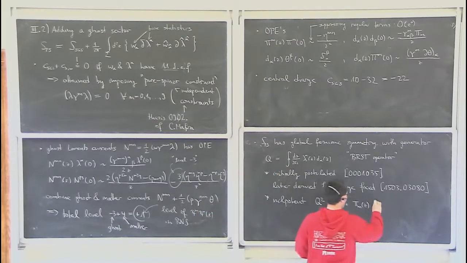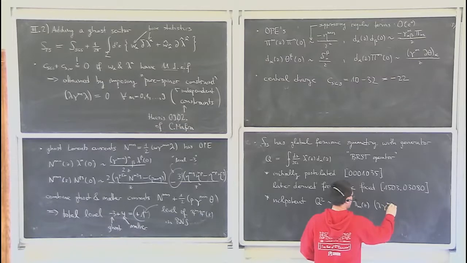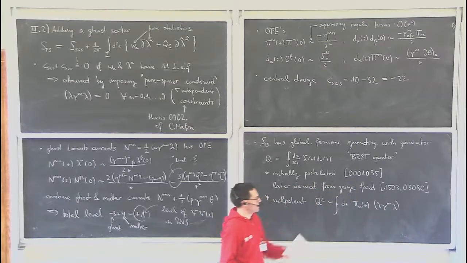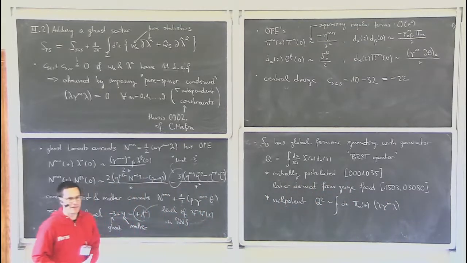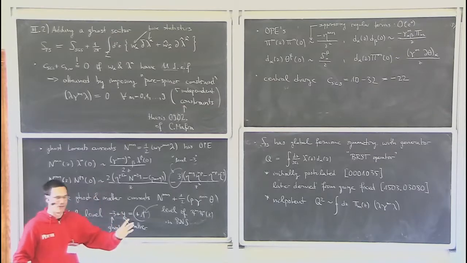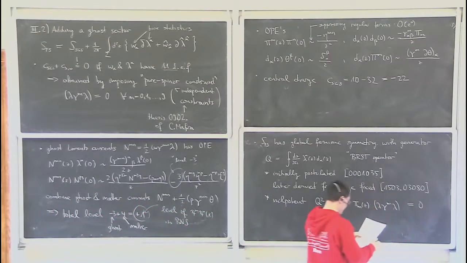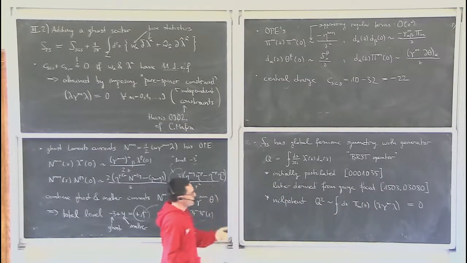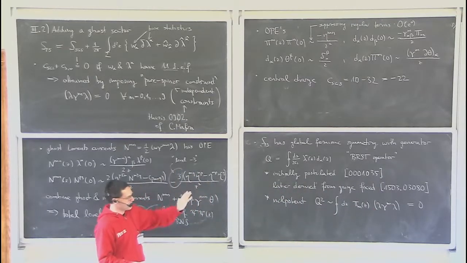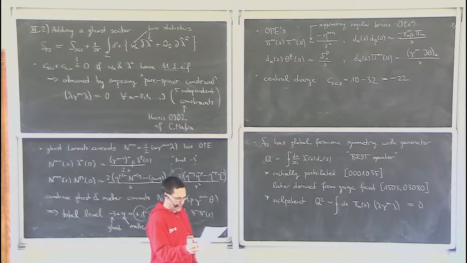So you will find that the coefficient of this pi field is given by lambda gamma lambda. But hang on, by the pure spinor constraint, this is 0. So in other words, this candidate BRST operator is nilpotent only if lambda satisfies the pure spinor constraint.